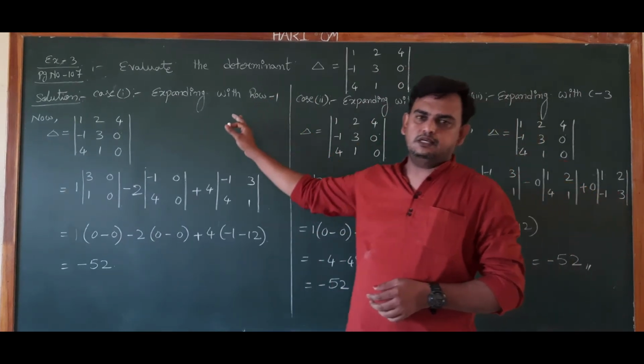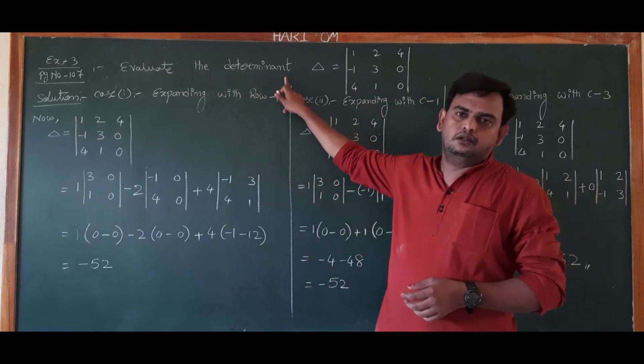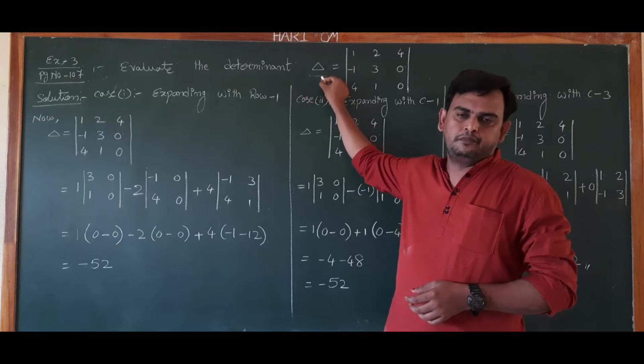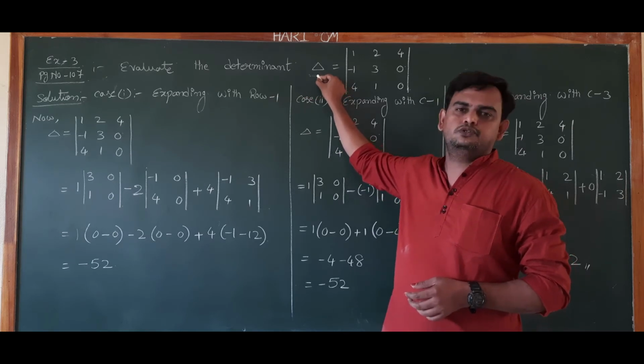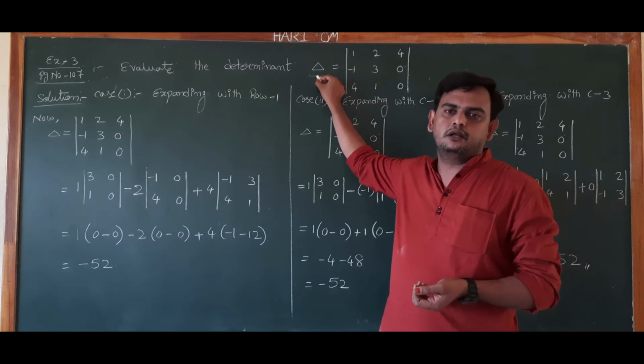Here in the first case, the given matrix is to be evaluated. The determinant we always denote with delta. The triangle symbol is called delta. Delta indicates the determinant.